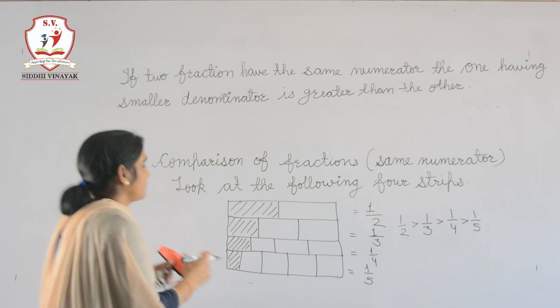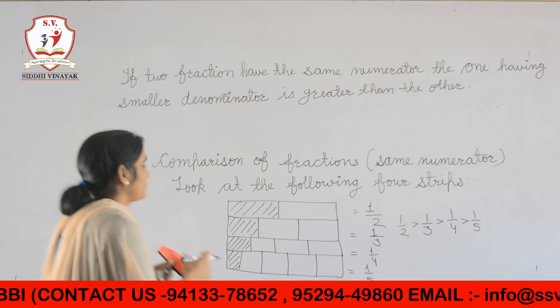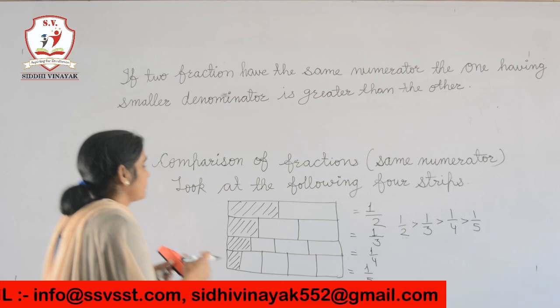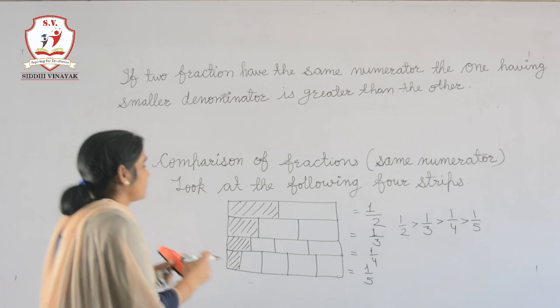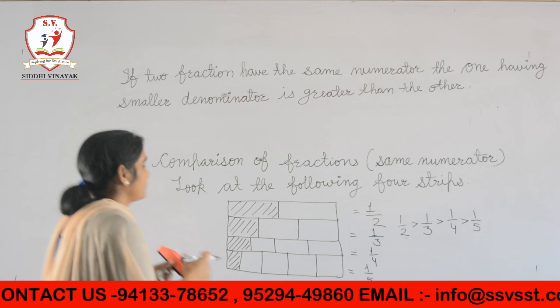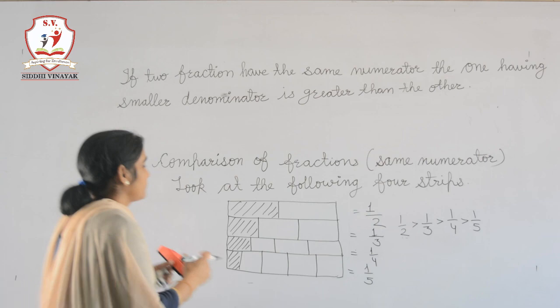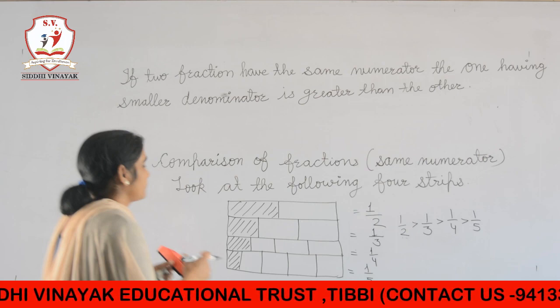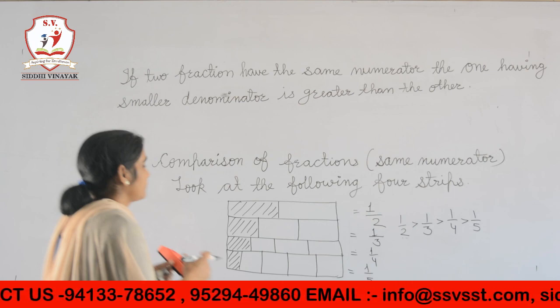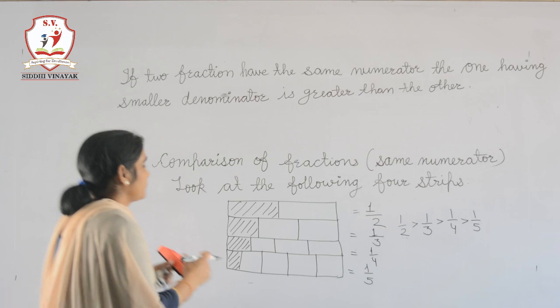For example, subtract 4 upon 11 from 9 upon 11.